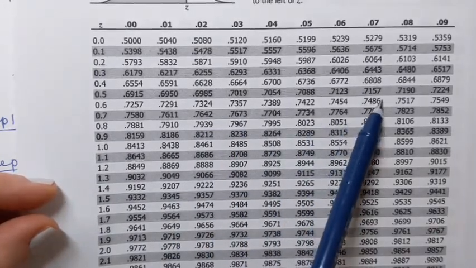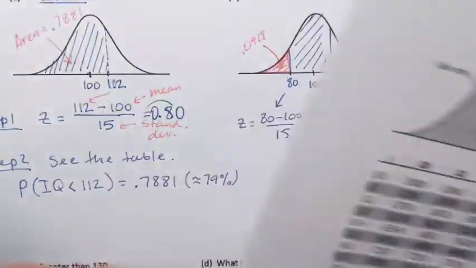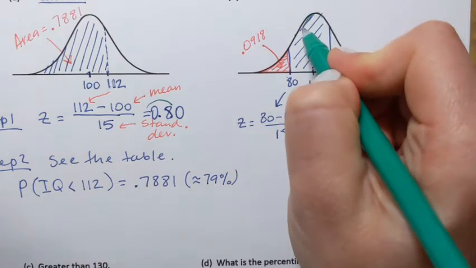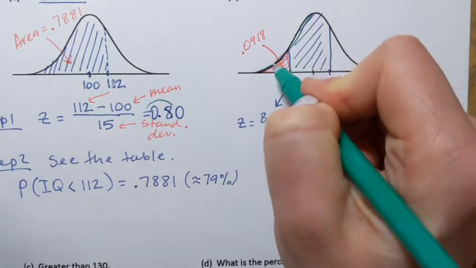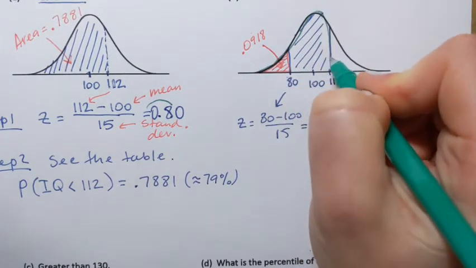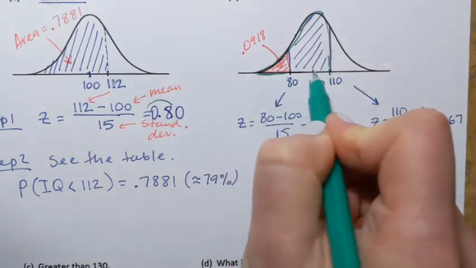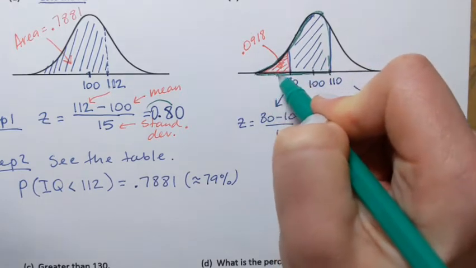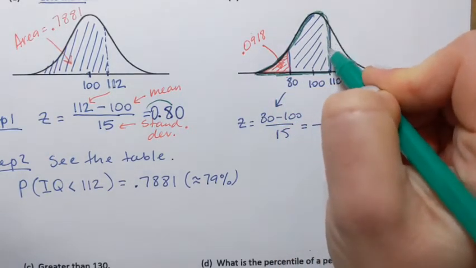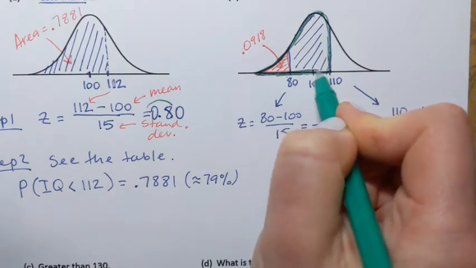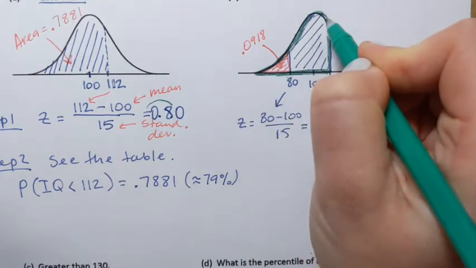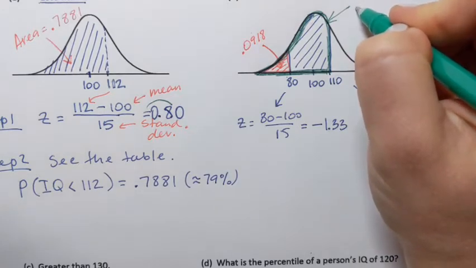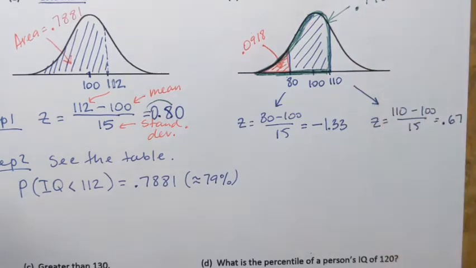So the corresponding area is 0.7486. I'll use a green color. So it's all that, and it's more than we need. What I'm highlighting in green here, that area is 0.7486.